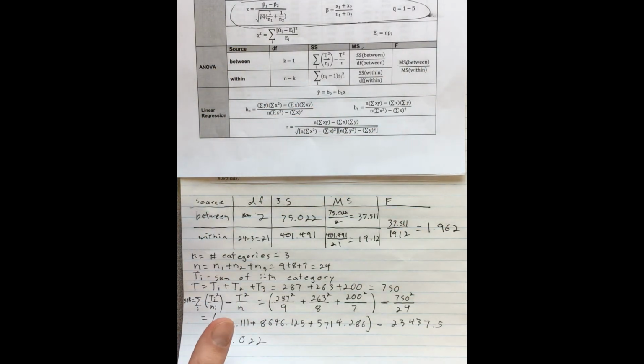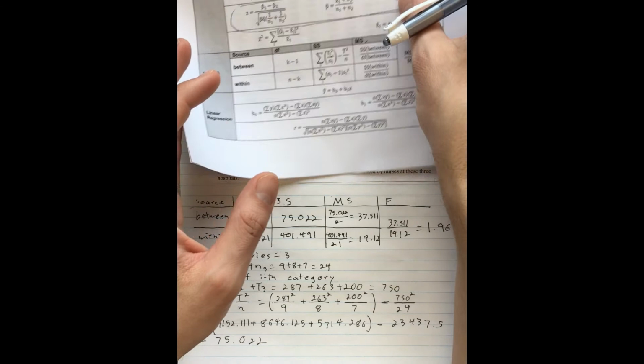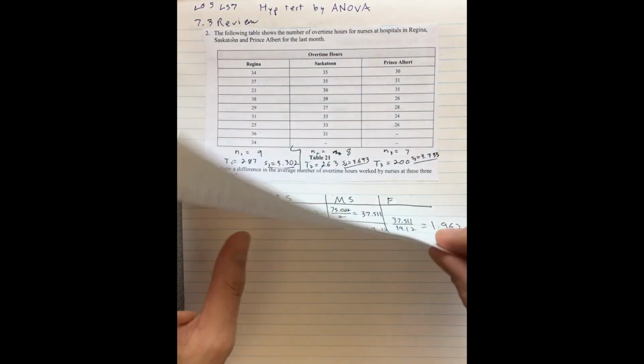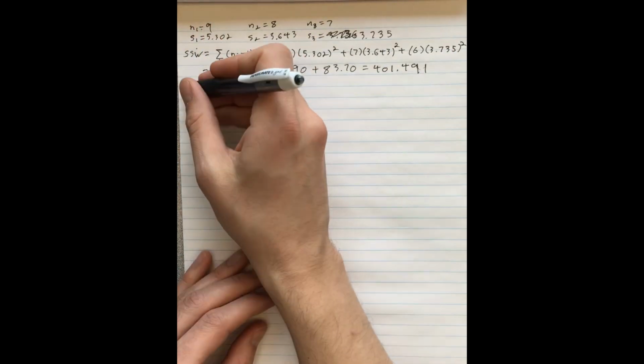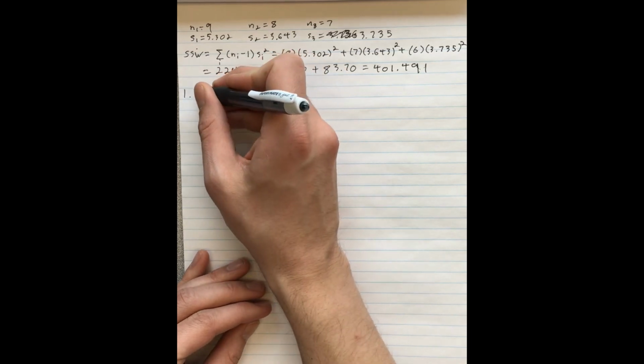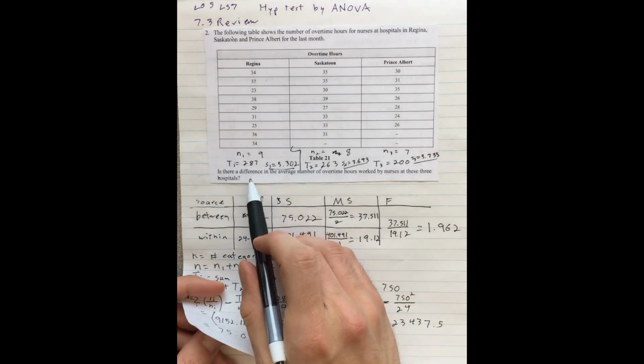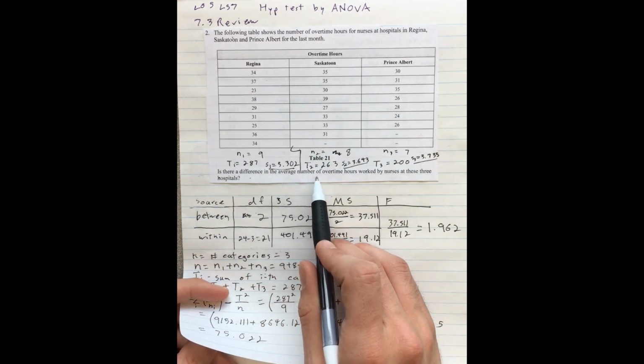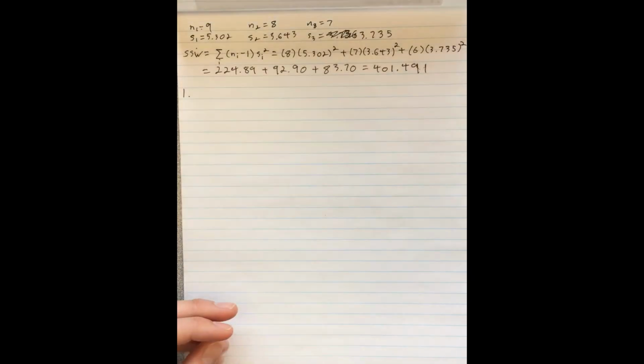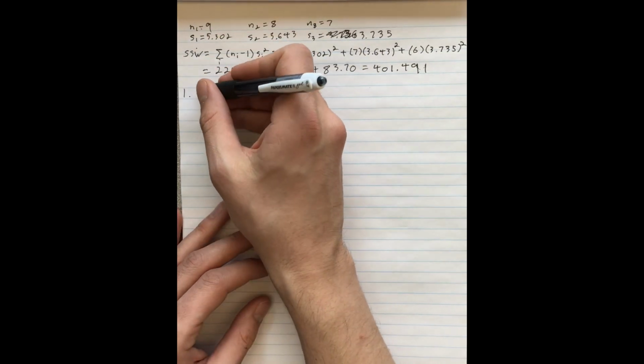Okay, so now what do we do with that? Why did we just compute that long process? So that we can do the hypothesis test. What we're testing for is if there's a difference in the average number of overtime hours worked by nurses at the 3 hospitals.